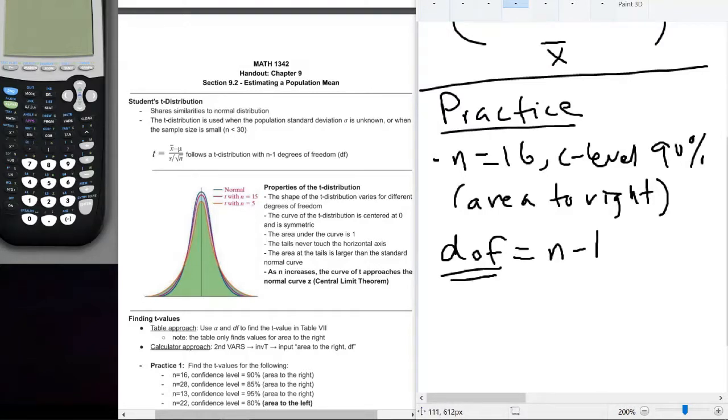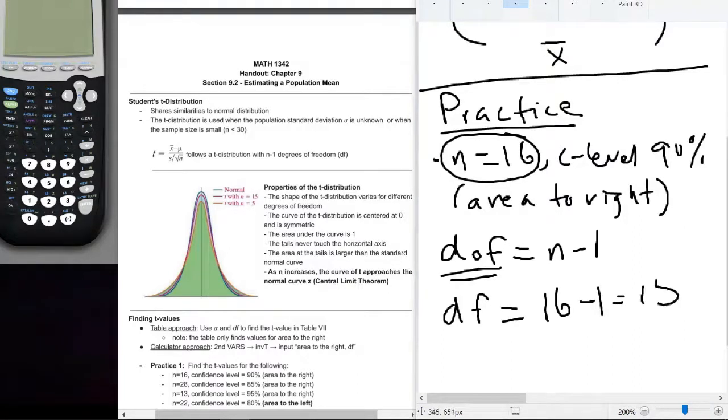This notation can also be df. The calculator will be basing the shape of the distribution off the degrees of freedom. So if n is equal to 16, degrees of freedom is 16 minus 1, which is 15.